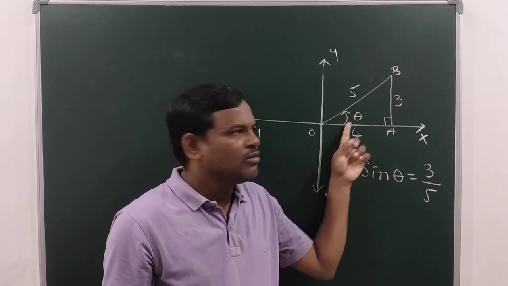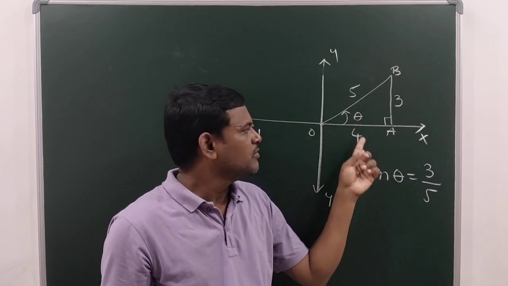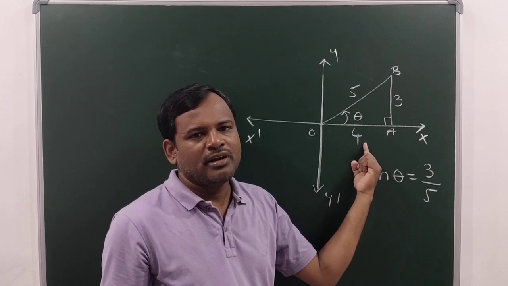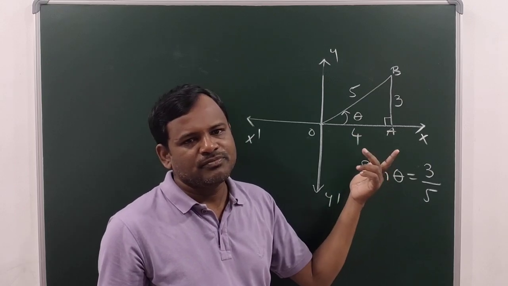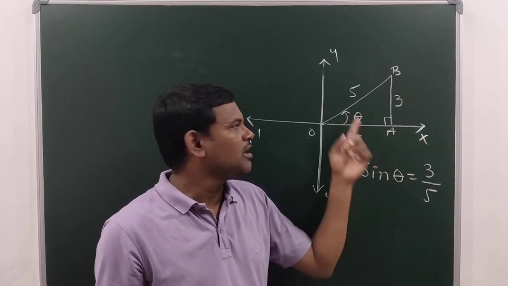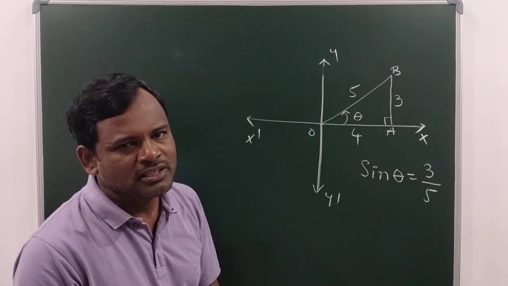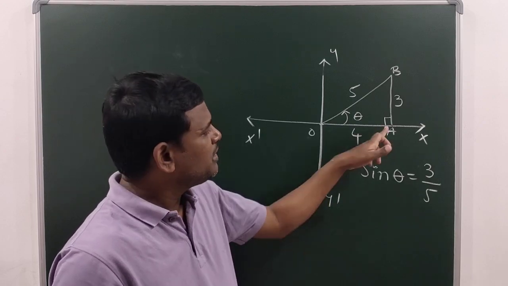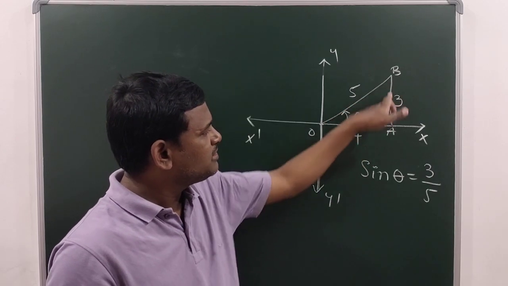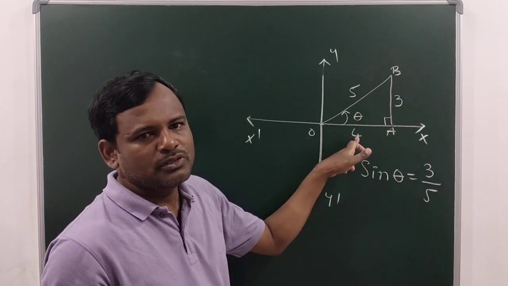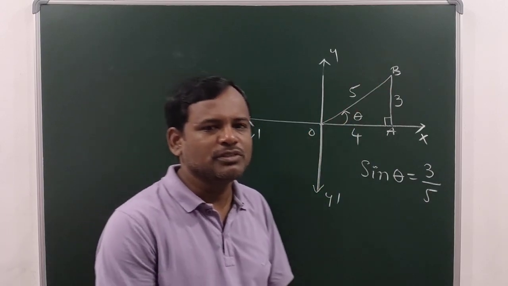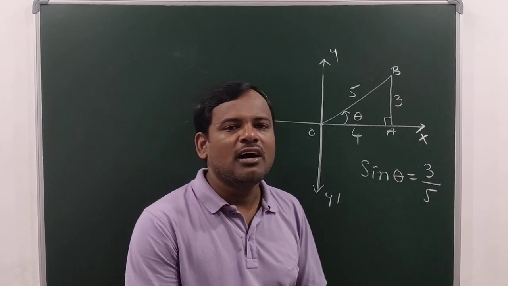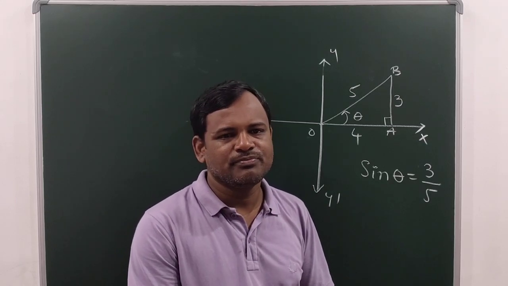Sine 3 by 5, cos 4 by 5, tan 3 by 4, and whose reciprocals cosecant, secant, cot are also positive, because here the x-axis is positive, the y-axis is positive, so this x value and this y value are both positive. Obviously this hypotenuse is positive. So here we have got all the ratios positive.